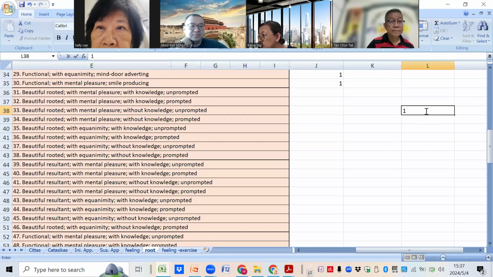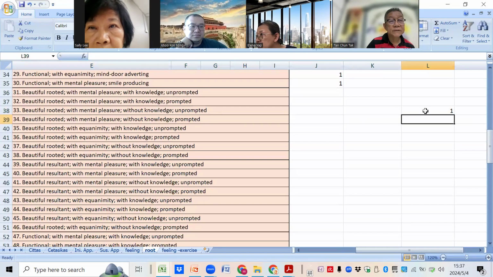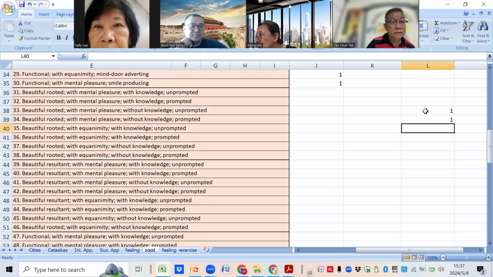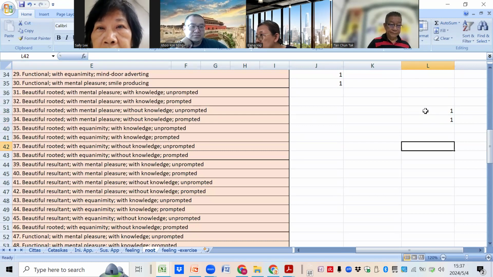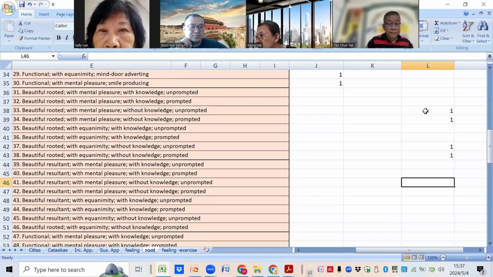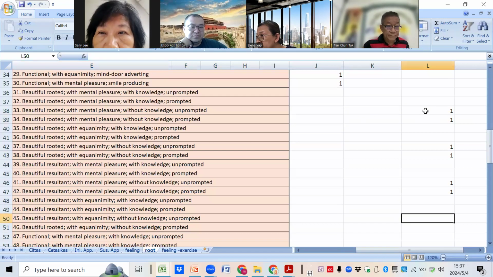33. Okay, we wait slowly a little bit. 33 is correct, and then 34. Okay, 34, and then 37, 38. Yes, 37, 38, and then 41, 42. Okay, and then 45, 46.